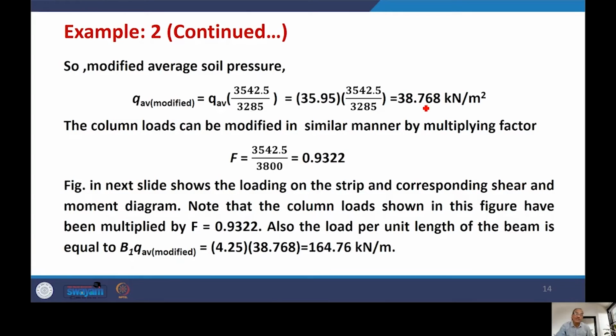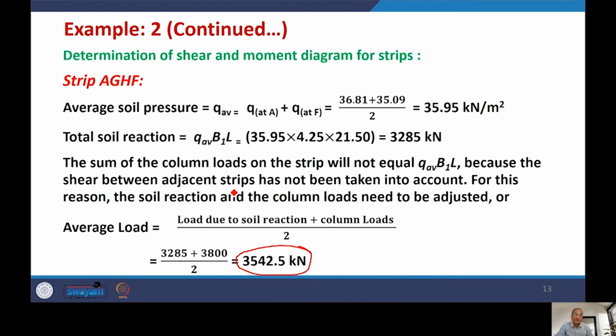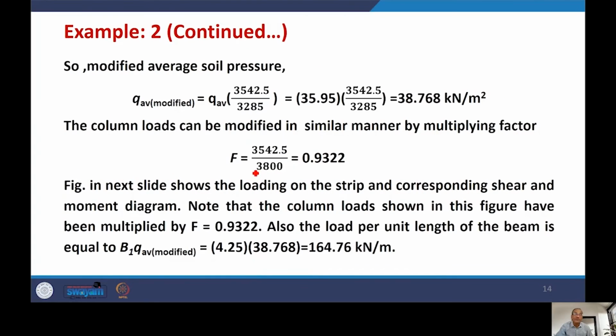Then the column loads can also be modified. Each load needs to be multiplied by a factor, because ultimately you want to get the average load 3542.5, but the total load coming on the columns is 3800. The factor, which is the ratio of these loads, is 0.9322, and you use this factor.